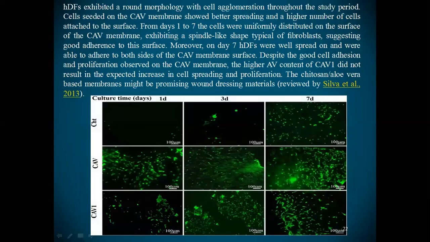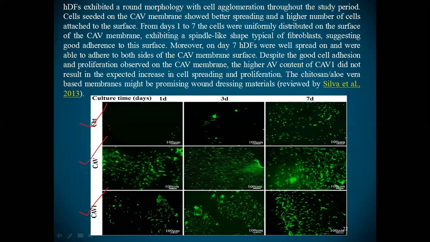This is the HDF cell study, human dermal fibroblast study. In this study, the chitosan aloe vera and the chitosan aloe vera 1:1 ratio membranes are taken in culture from day 1 to 7.